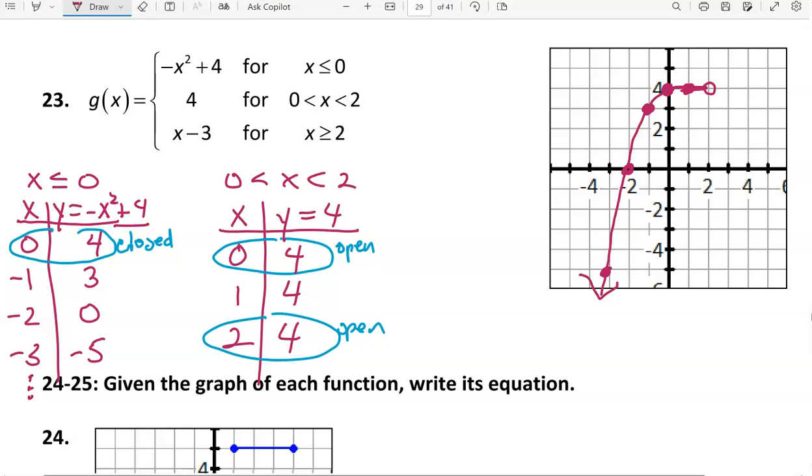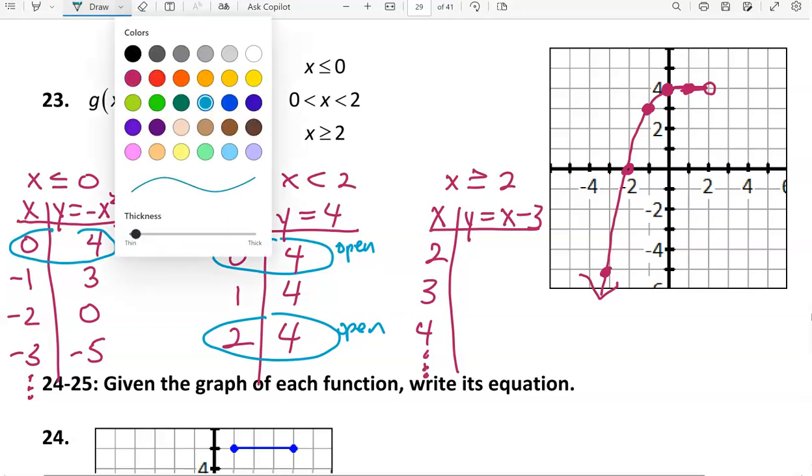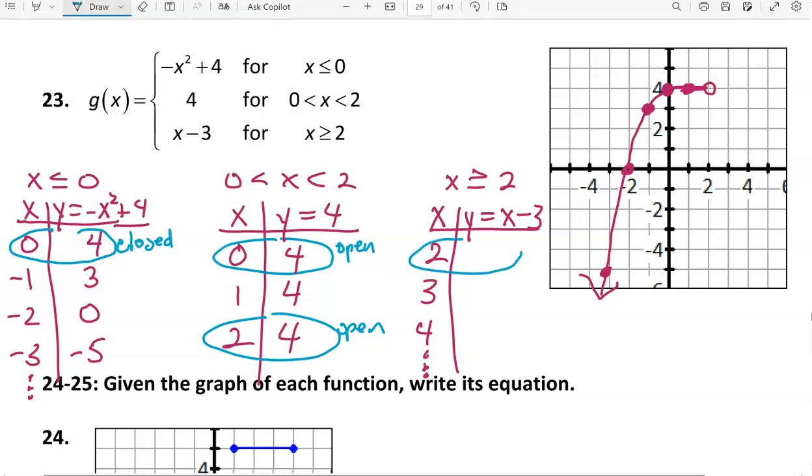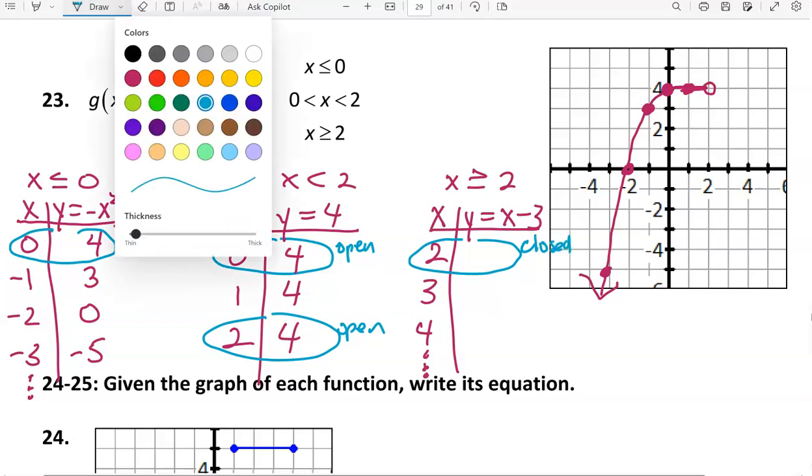And for the last part of the piecewise function, the x's are greater than or equal to 2. So our x's will be 2 or greater, 2, 3, 4, etc. And our y's will be equal to x minus 3. And since x equal to 2 is included in the interval, that's going to get a closed circle.